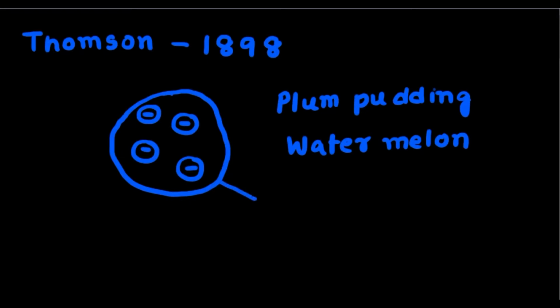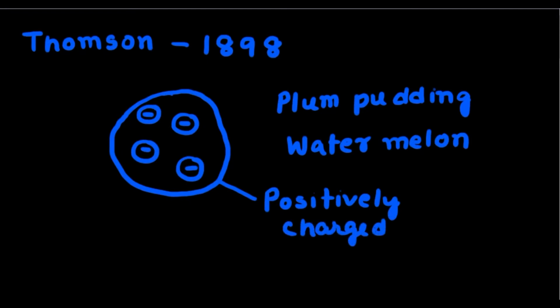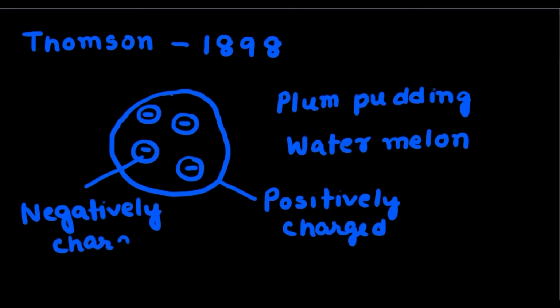So this whole sphere is positively charged and these electrons are negatively charged. This model was able to explain the overall neutrality of the atom, but it was not consistent with the results of the later experiment.